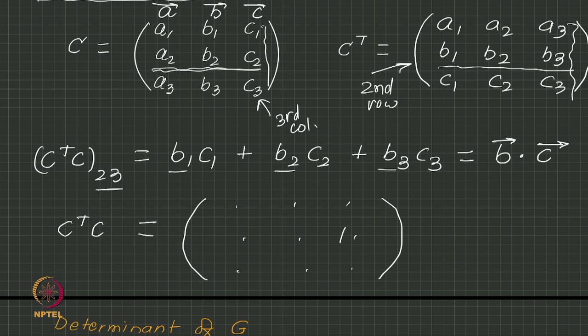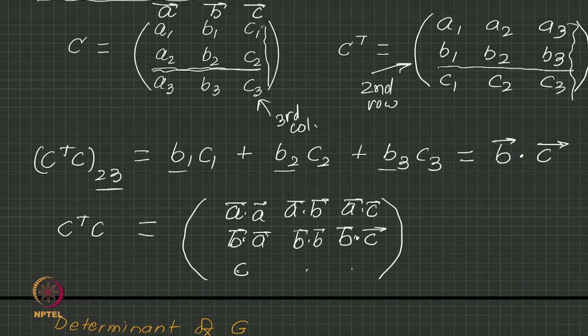So, second row third column, this was B dot C. By the same analysis you can keep working out, you will find that this is A dot A, A dot B, A dot C, B dot A, B dot B, B dot C, C dot A, C dot B and C dot C. Some algebra is there and some thinking is required.